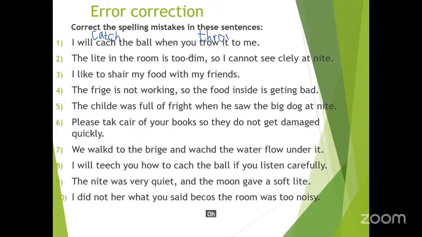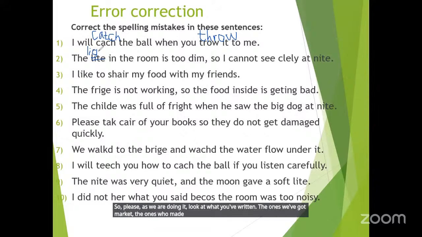THROW, throw. Then we have light, L-I-G. So please, as we are doing it, look at what you've written. The ones you got, mark it. The ones you made mistakes, correct yourself.